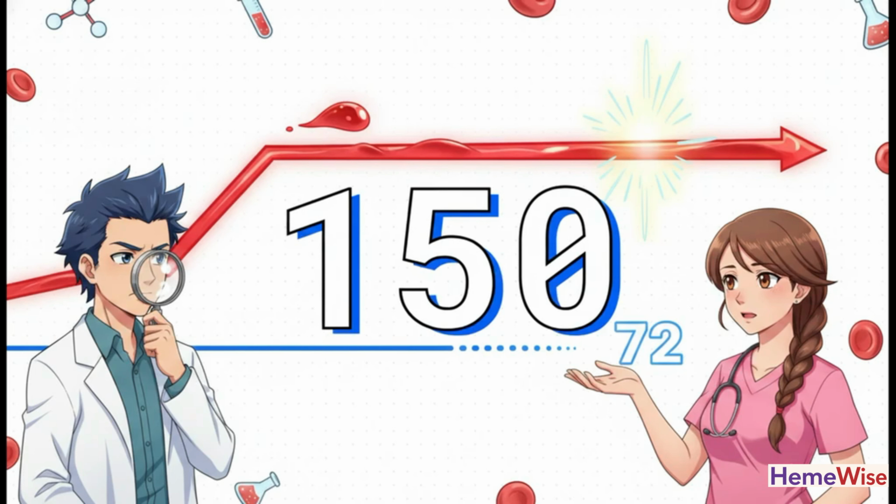That steep rise we just talked about eventually peaks and flattens out around the number 150 seconds. I really want to highlight this peak plateau point to emphasize the dramatic anomaly we're looking at here. I mean, compared to our healthy baseline of 72 seconds, the mixture containing the patient's plasma is taking more than double the time to clot. That is massive.